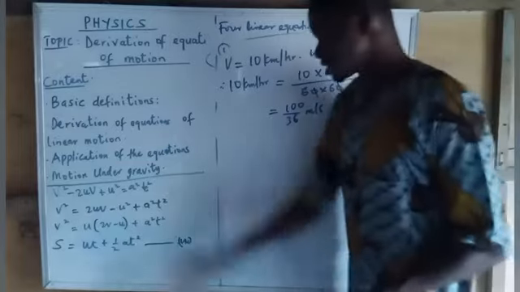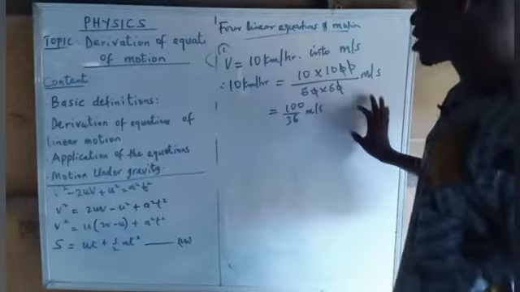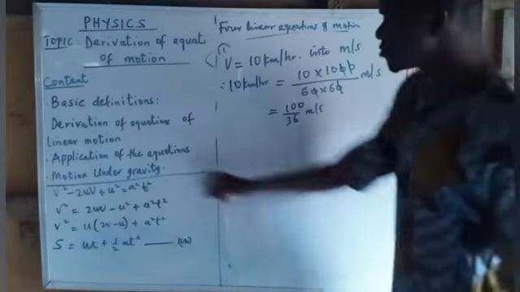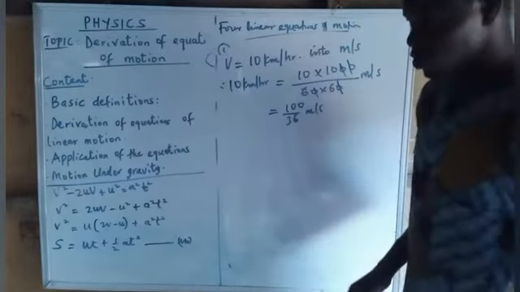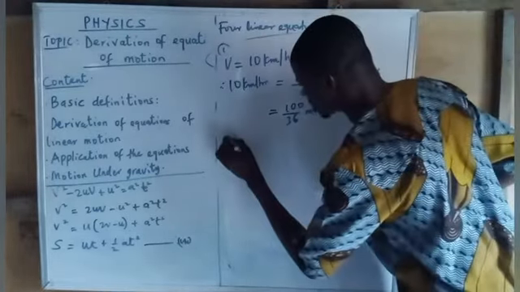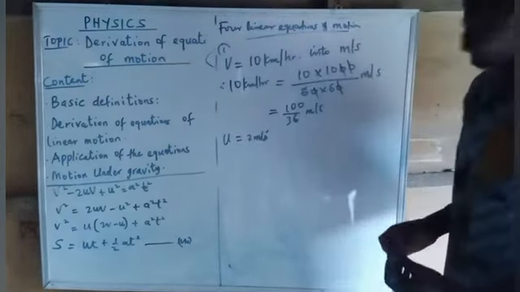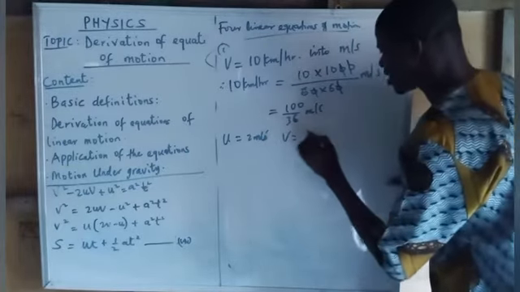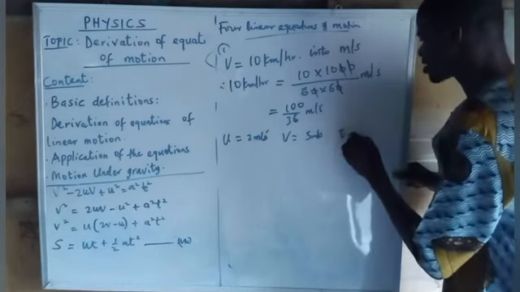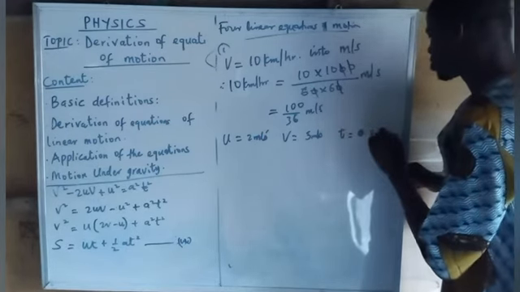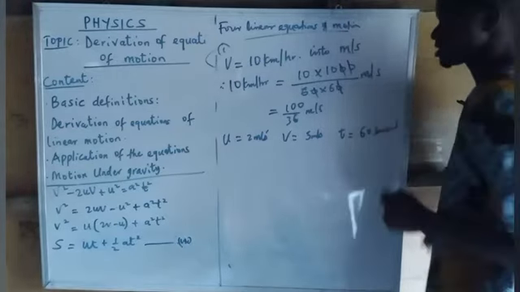That now takes us to what? The motion under gravity. The application of the linear motion is what I just explained now. But before I move to motion under gravity, let's take another example. Assuming a body is moving with an initial velocity of 2 meters per second and attains a final velocity of, let's say, 5 meters per second in time 60 seconds.